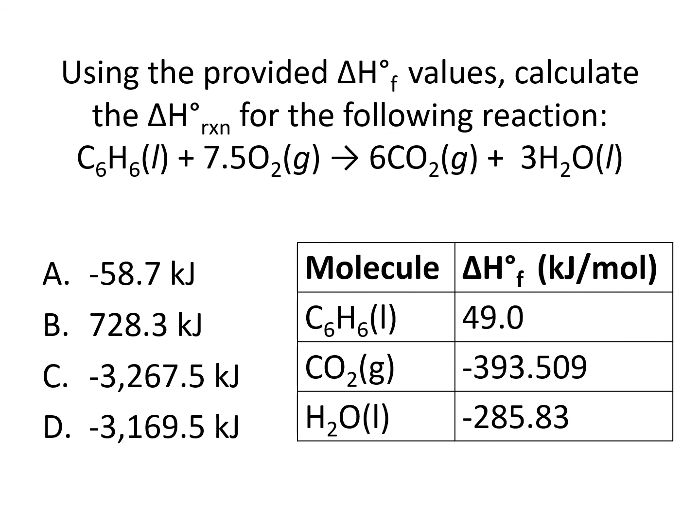H2O liquid has a delta HF value of negative 285.83 kilojoules per mole. Is the answer A, negative 58.7 kilojoules, B, 728.3 kilojoules, C, negative 3,267.5 kilojoules, or D, negative 3,169.5 kilojoules?